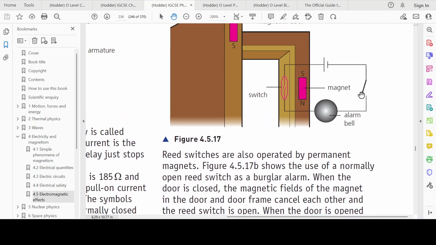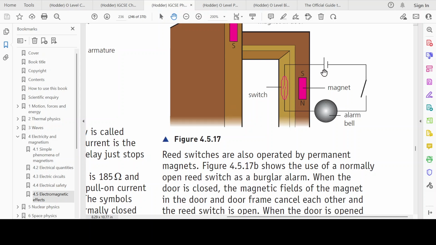Now, first thing, the alarm needs to be switched on. So there's a double switch over here. I switch it on when I'm closing the shop or when I'm going to bed or whatever, and I close the door and I leave. So nothing's going to happen when the door is closed, provided this switch is closed. So the circuit is complete from here. If there's a burglar, they'll break the lock, they'll open the door.